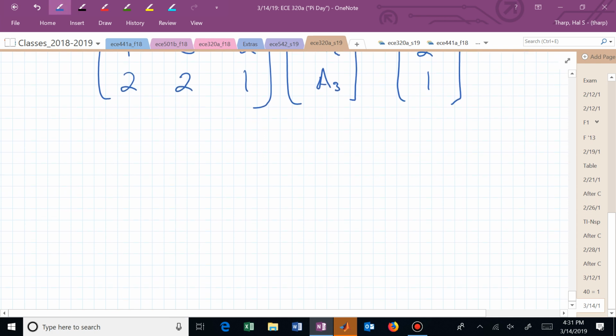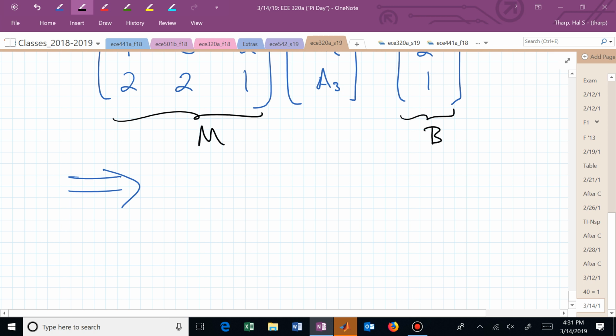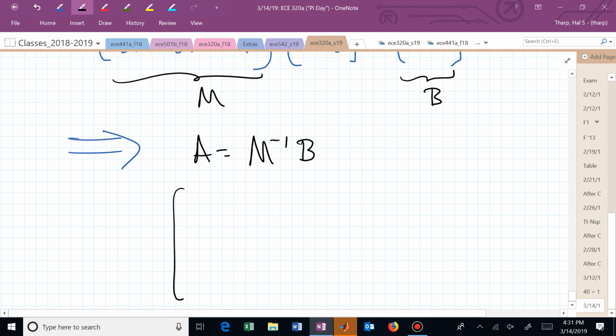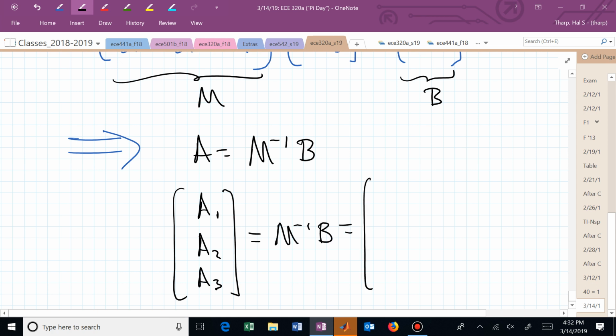If you were to do this, let's say that this is now M and this is B, you would find A is equal to M inverse B, and A1, A2, and A sub 3 better be what we had before, which was -1, 3, and -3.